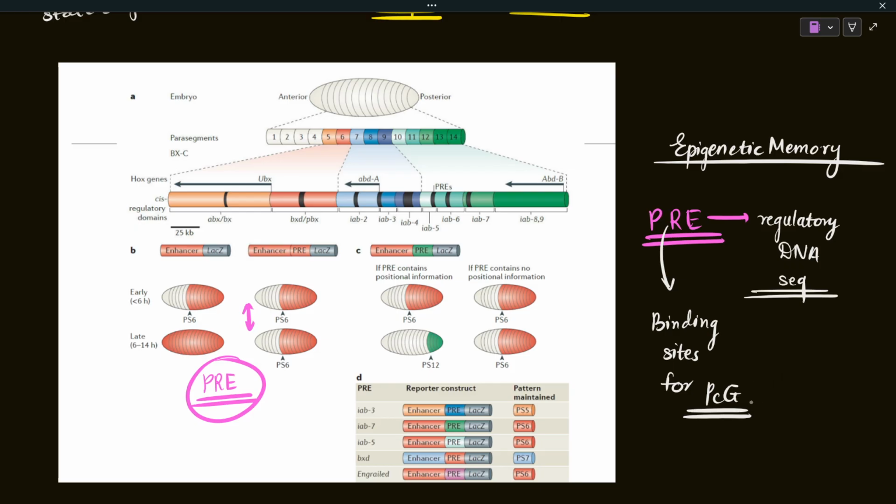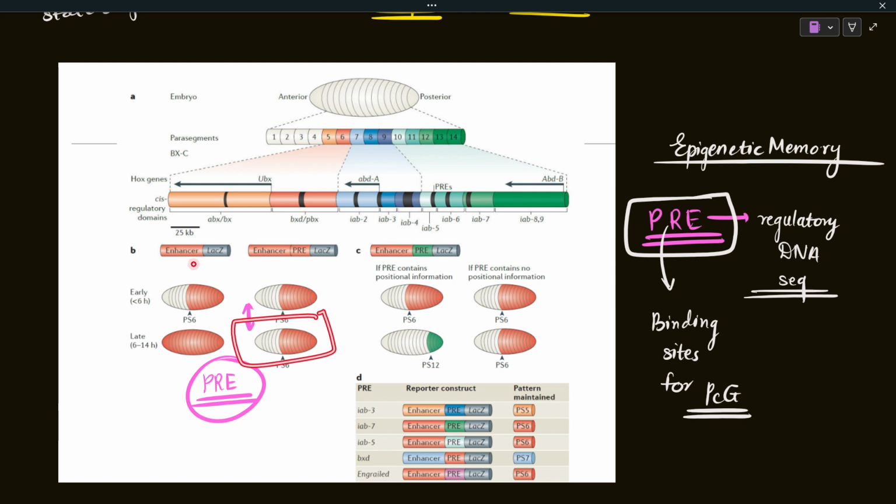The different complexes, the PRC1 complex, the PRC2 complex, the PhoRC complex, can all bind to this DNA sequence known as the PRE. So due to the presence of the PRE, the Polycomb group proteins can bind to this sequence and maintain the repressed state.